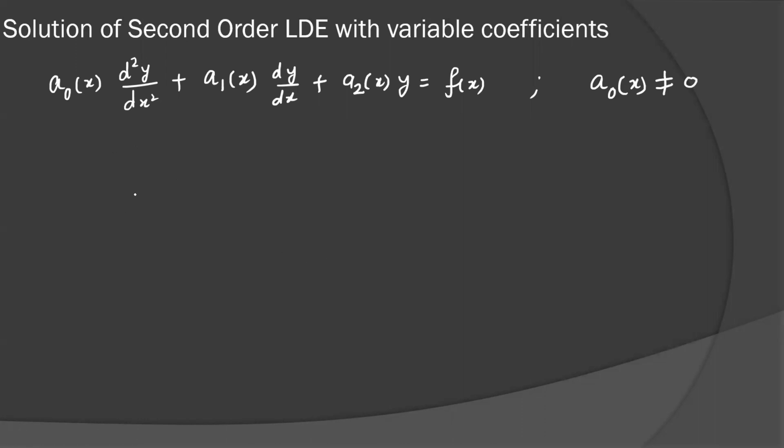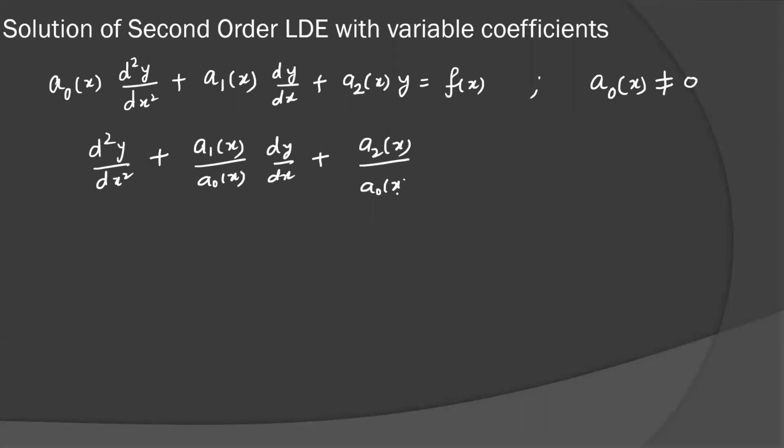If a naught x is not equal to 0, then we can divide by a naught x both the sides. So it will become d2y by dx2 plus a1x over a naught x dy by dx plus a2x over a naught x y equal to some fx over a naught x.